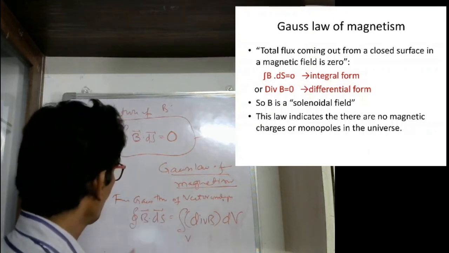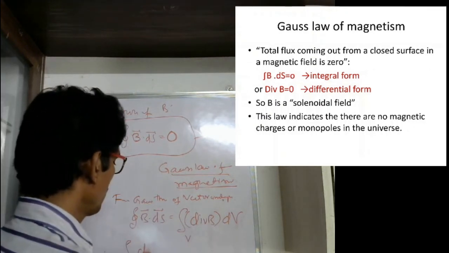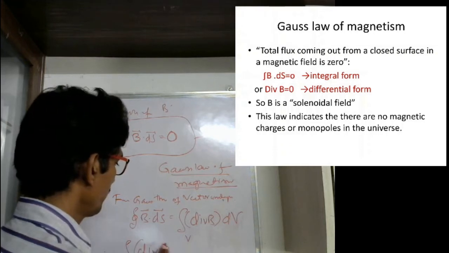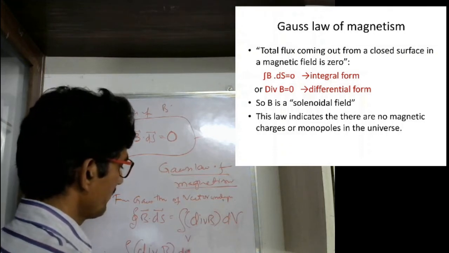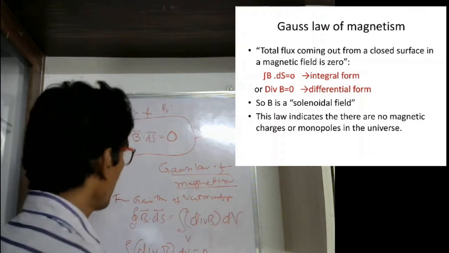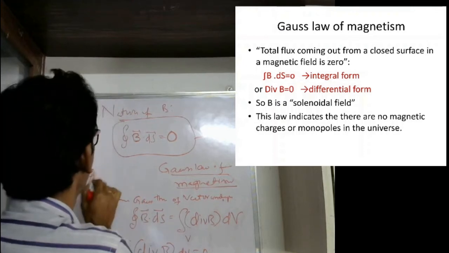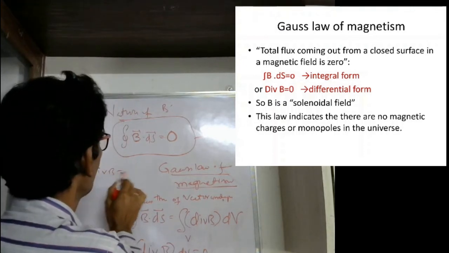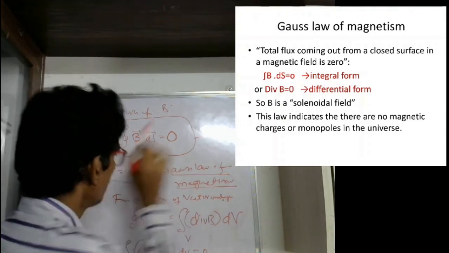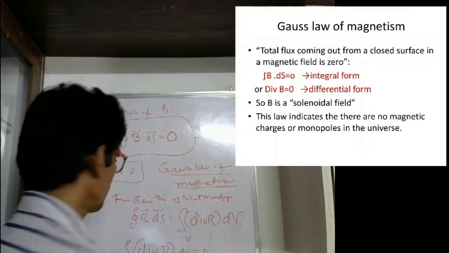Therefore, in place of B dot ds, you may write the integral of div B dv is equal to 0. That means you have here just div B is equal to 0.